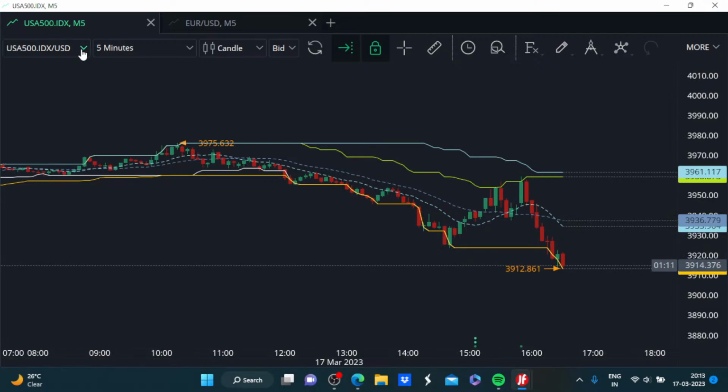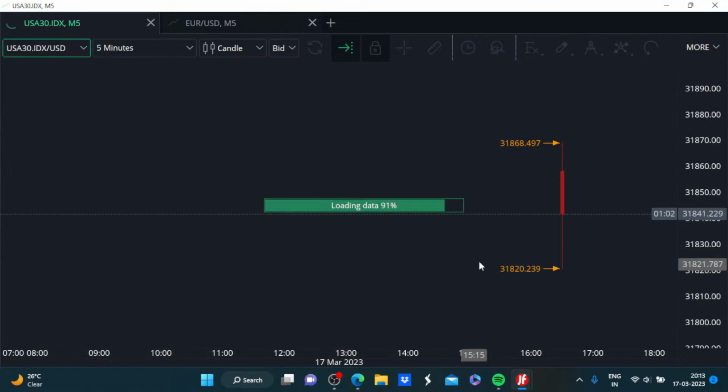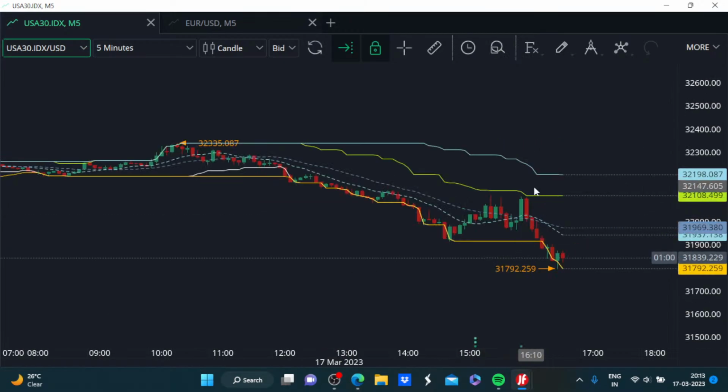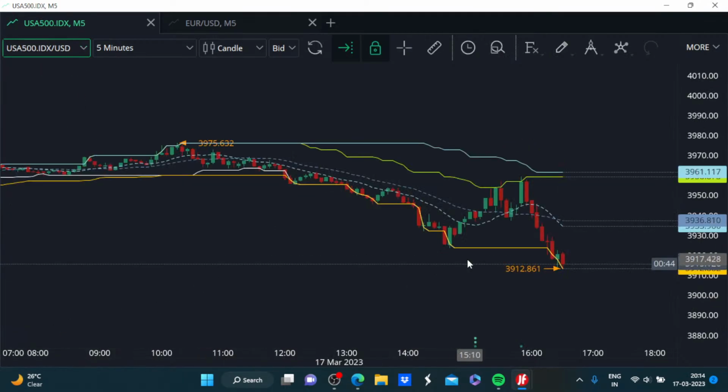The S&P 500 has declined more than 1 percentage point from the immediate swing high. If we compare it to the Dow, the decline is more pronounced for the S&P 500, but there was not much of a correction or retracement from these immediate swing lows, while the S&P 500 saw slightly better retracement from these lower levels.